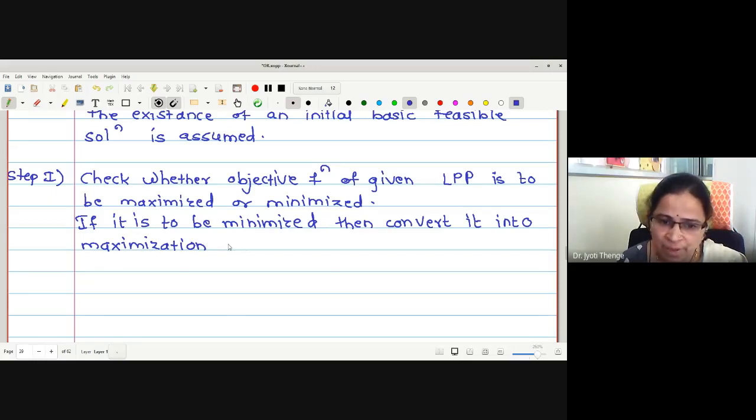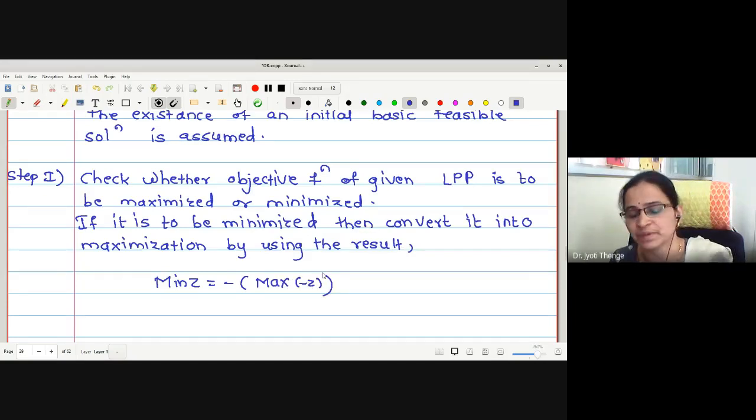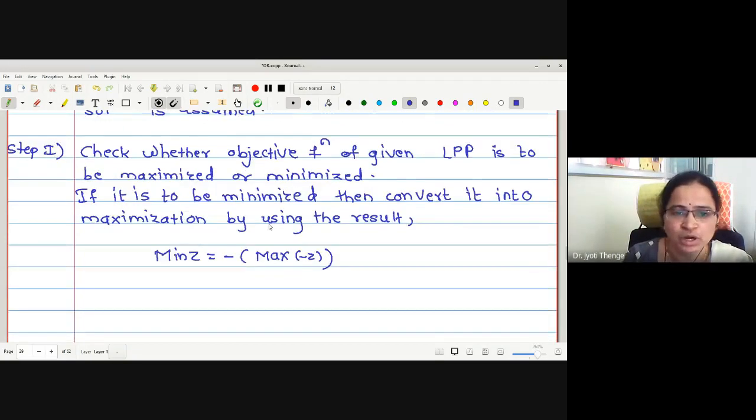Convert into maximization by using the result. Can anyone tell me the result? Minimize Z is minus of maximum of minus Z. Okay, so for the first step, is it clear to everyone? We have to convert the objective function to maximum form.